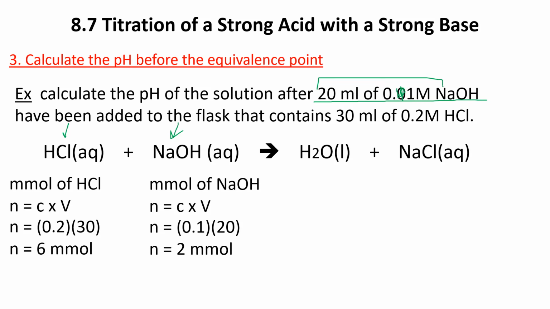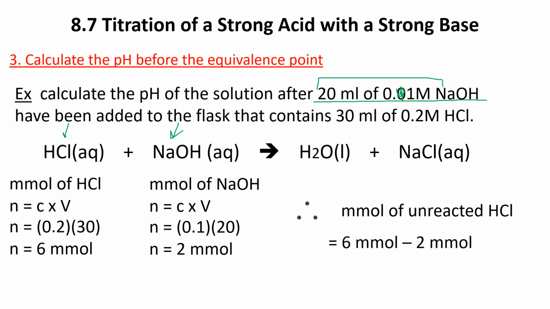So what's the number of unreacted millimoles of the HCl? Well, we're just going to subtract the 2, and we're going to get 4 millimoles. So there are 4 millimoles of HCl that have been unreacted. Again, it was these two numbers we subtracted, so the 4 is the difference.